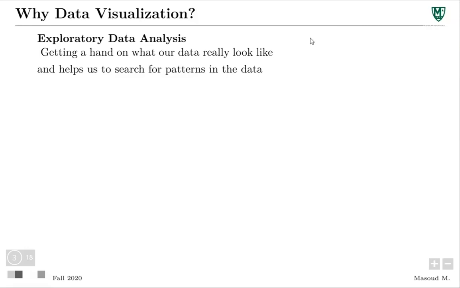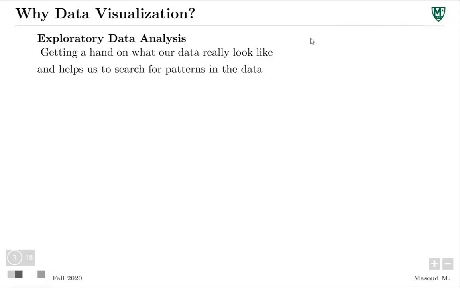Now, the first thing that data visualization can help with is exploratory data analysis, right? In data science, away from the communication story. Now, when you get a data set, the first thing you need to do is understand how things change.